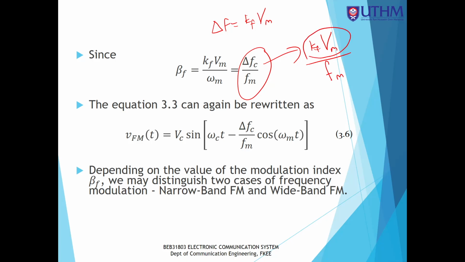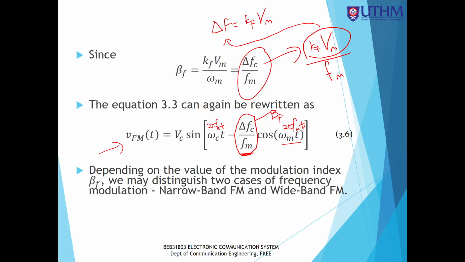So this kf Vm is delta F. If you rewrite the FM equation, it becomes like this, and this is also the beta parameter, beta F. Omega ct is actually 2 pi Fct, and this is 2 pi Fm. I just change omega to 2 pi F.